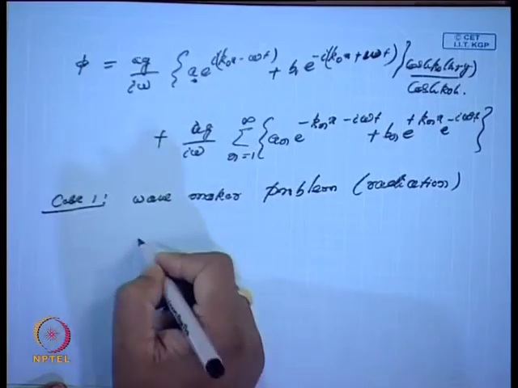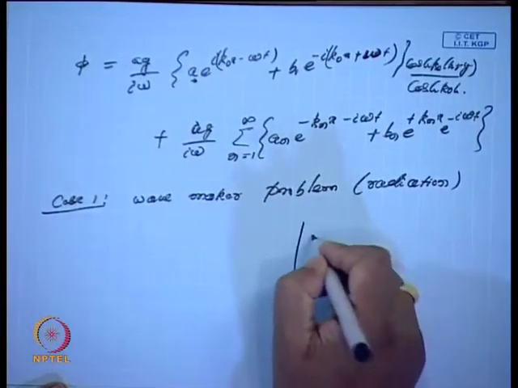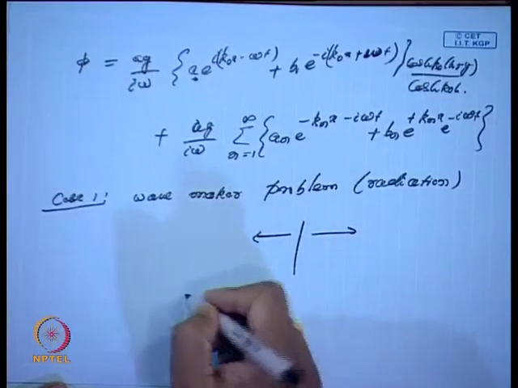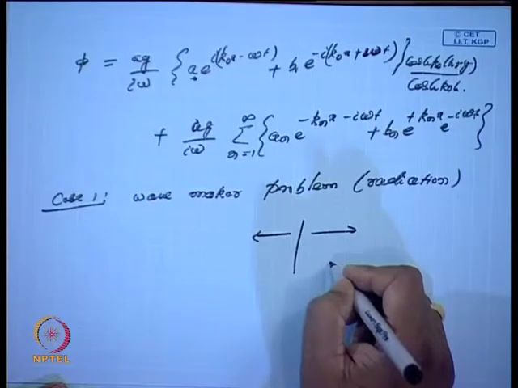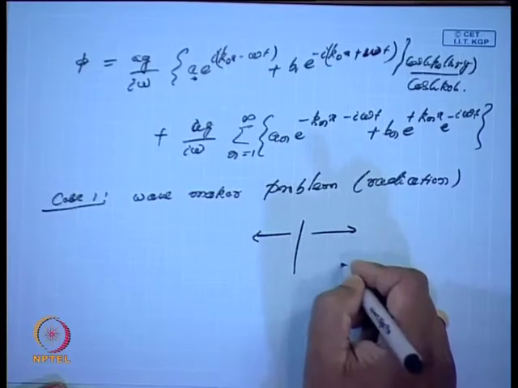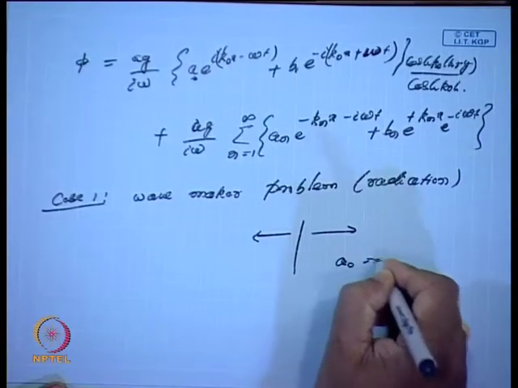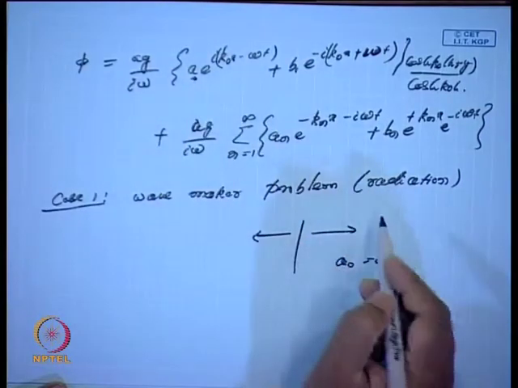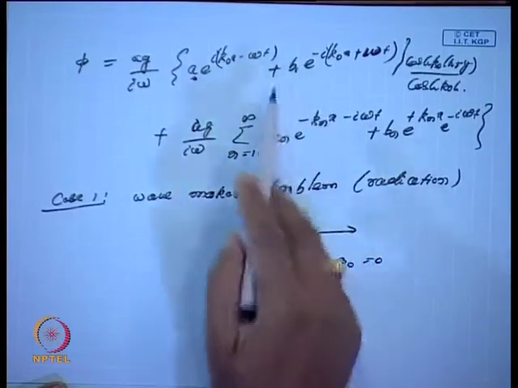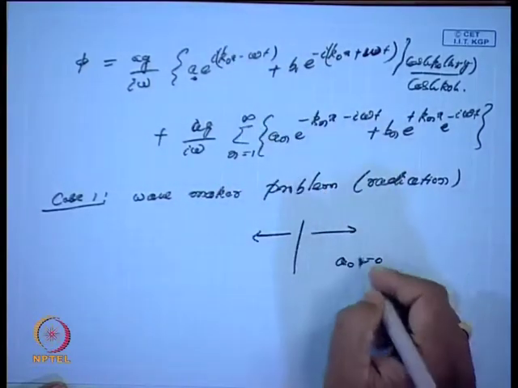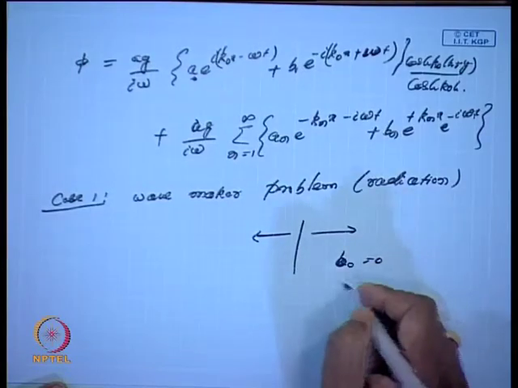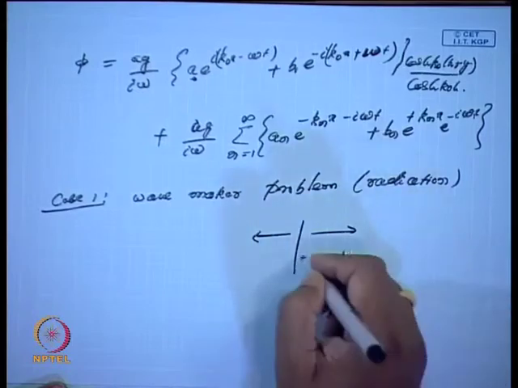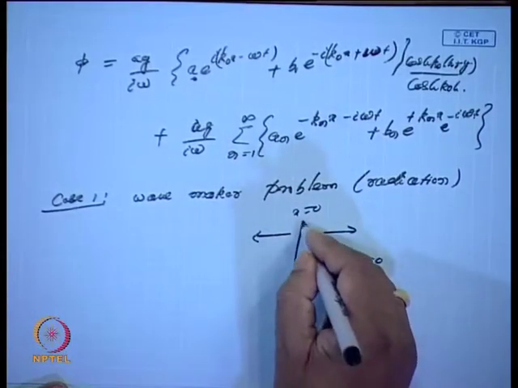If the wave is radiating energy in both directions, then for x greater than 0, on the positive side, A 0 will be 0 because the wave is going in this way. And B n will be 0 on this side, if this line is x equal to 0 and I have a wavemaker problem.